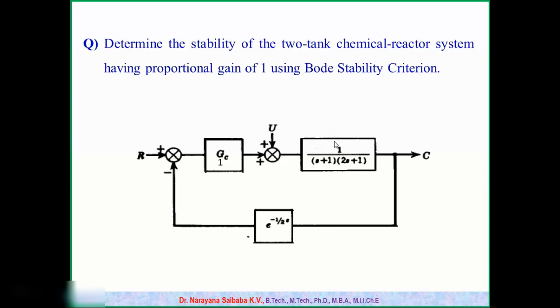For drawing the Bode diagram, first we have to find the open loop transfer function. Open loop transfer function is nothing but the product of all the transfer functions present in the control loop. So here we have Gc, that is 1, the process transfer function, 1 by (S plus 1)(2S plus 1), and the measuring instrument transfer function, e power minus 0.5S.